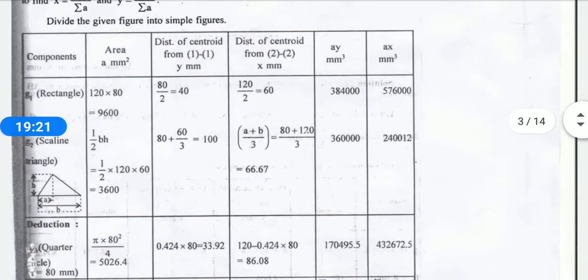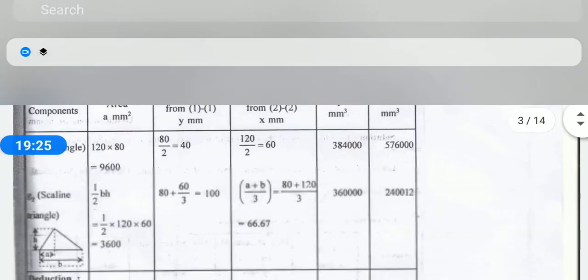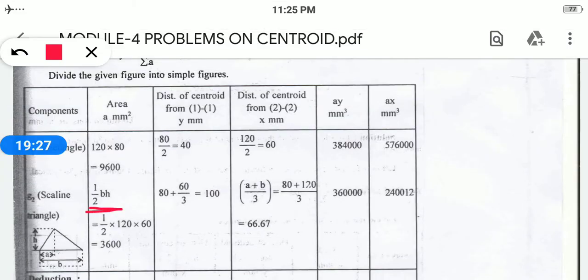This is your scalene triangle. We know the formula from the table, that is half into b into h for your area. So substitute your values to find your area. Then your x is equal to a plus b divided by 3, where this is your a distance and the whole is your b distance.